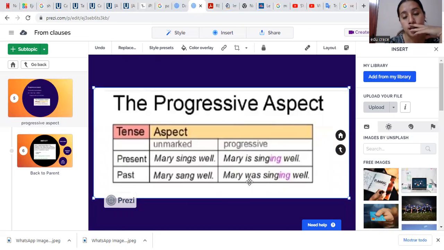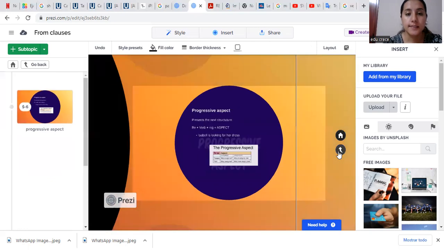In this case, for Mary, as she is third person, you need to use the corresponding form of the verb to be, in this case was. Mary was singing well represents progressive aspect in the past.